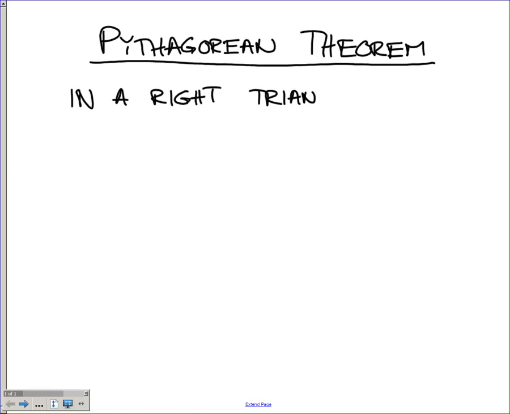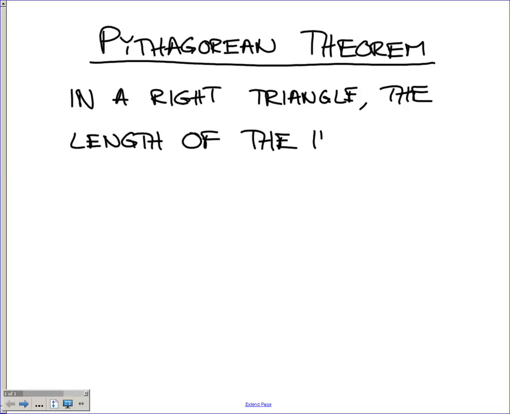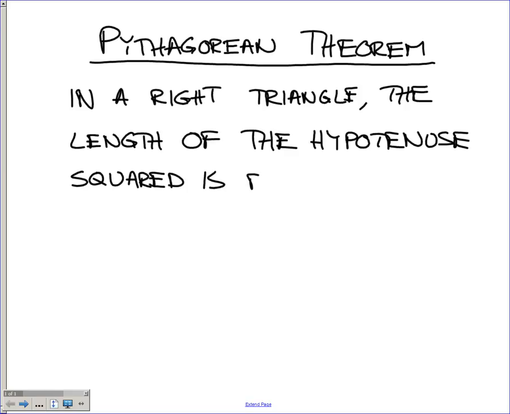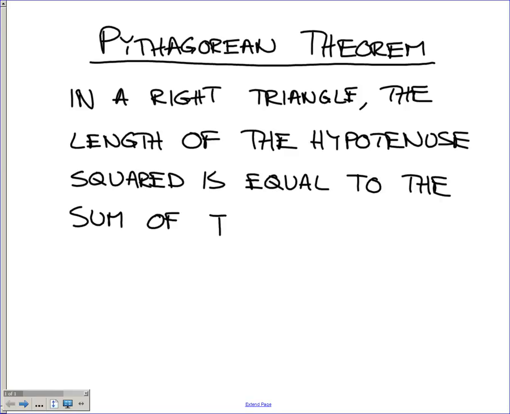But if you have a right triangle, the length of the hypotenuse squared is equal to the sum of the squares of the lengths of the legs.